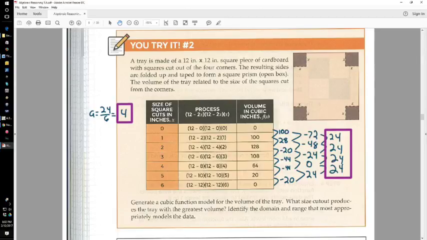There's your A value. B is your second difference, which in this case is negative 72, minus your third difference, which is 24, divided by 2. So negative 72 minus 24 equals negative 96, divided by 2 equals negative 48.